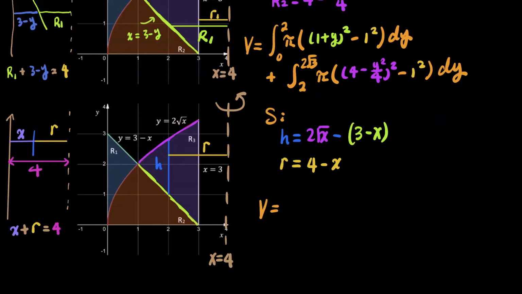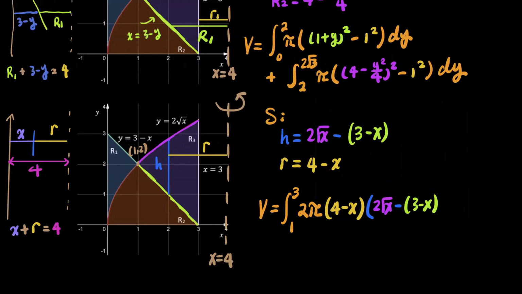Volume goes from 1 to 3, 2 pi r times the height. Okay, so that's the last one on shell method.